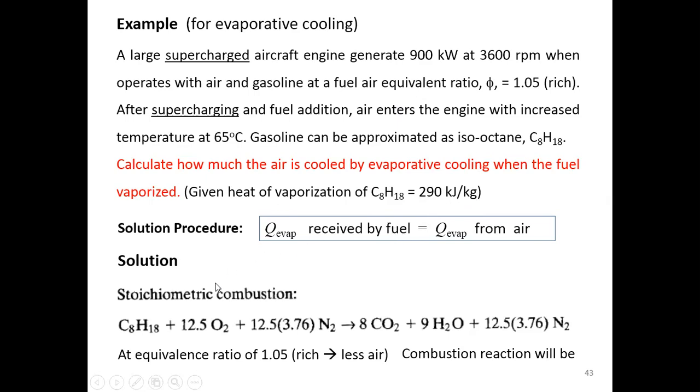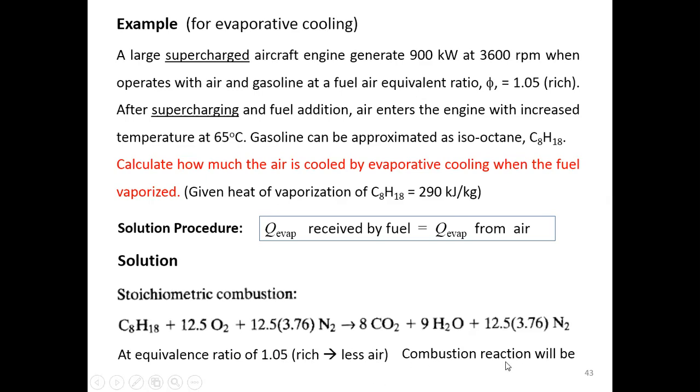So we have to get back to our combustion. Under stoichiometric combustion, this is the fuel we use, this is the air we use, and this is the product of combustion. Then what we use is 1.05 for the equivalent air-fuel ratio. It's rich, less air.